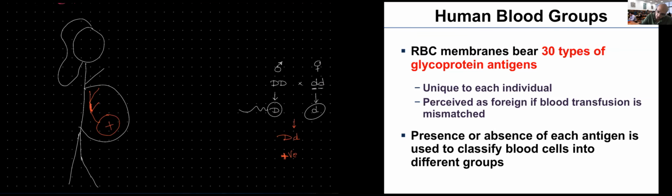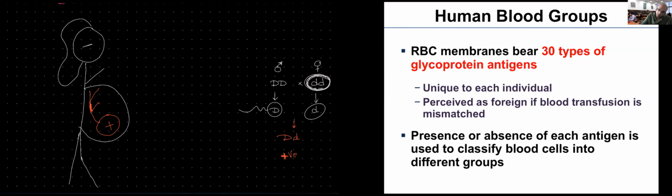And she is Rh what? The mother here is Rh negative or positive? Negative. So the mother is Rh negative, the baby is Rh positive.